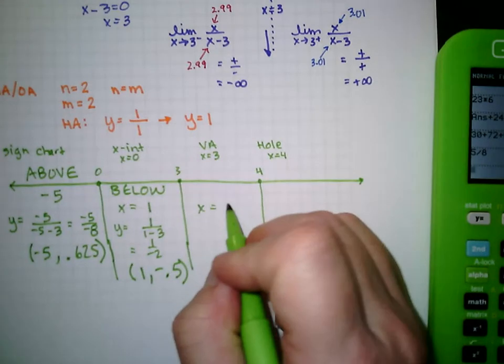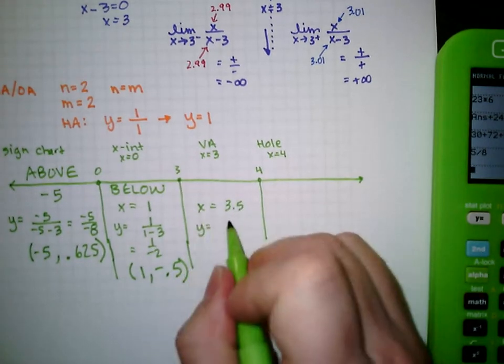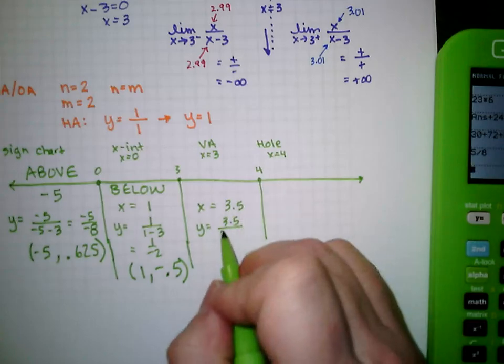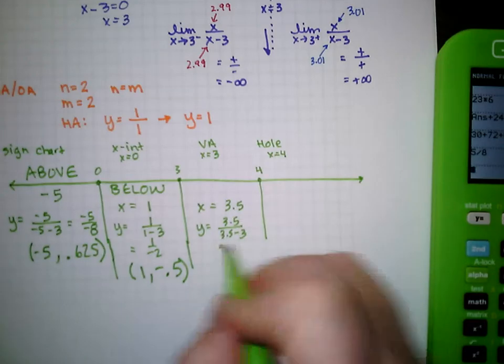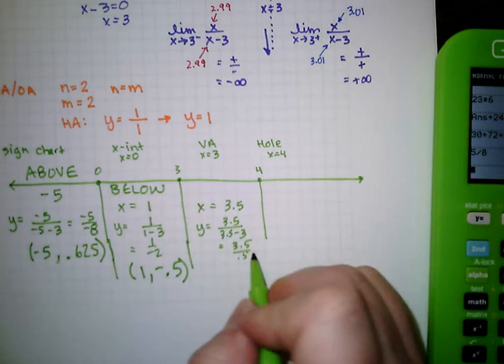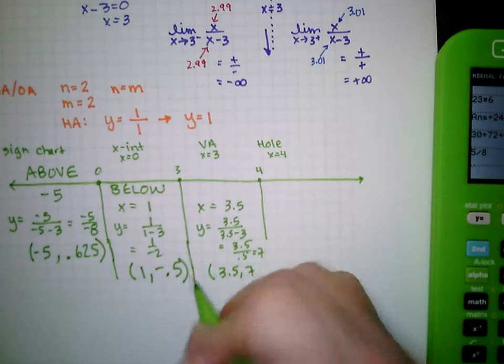See what happens between 3 and 4. So x equals 3.5. Not ideal, but we have a calculator, so it's fine. So y would be 3.5 over 3.5 minus 3. So 3.5 over 0.5, which is 7 actually. So 3.5 comma 7.